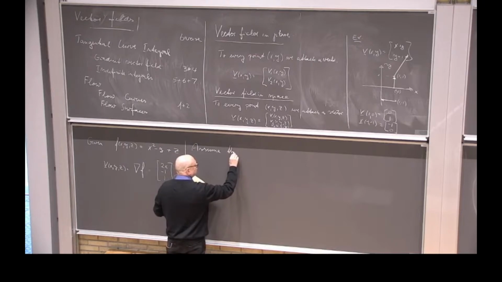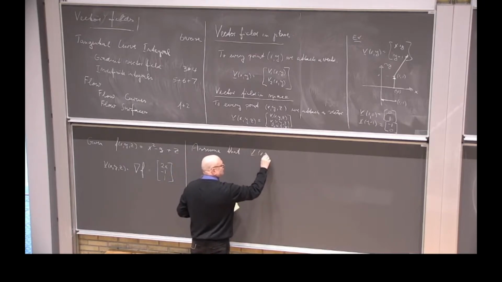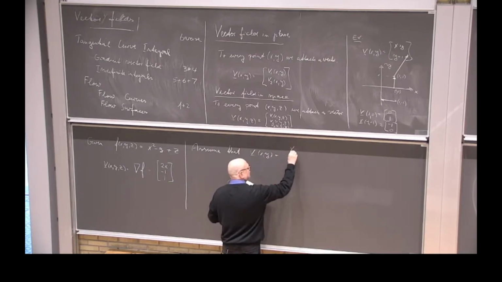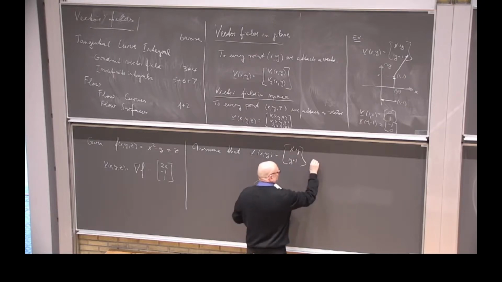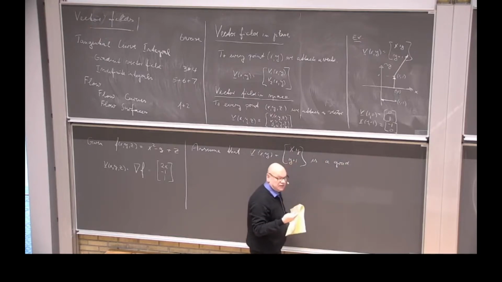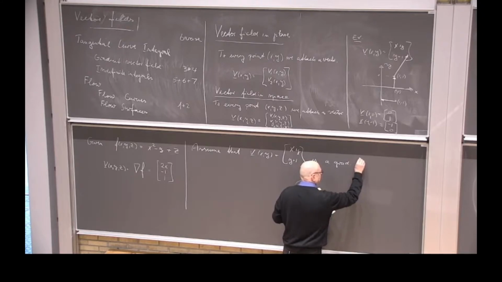So we assume that this vector, x times y, y plus 1, is a gradient field. The correct thing is to say gradient vector field, but often you just say a gradient field.